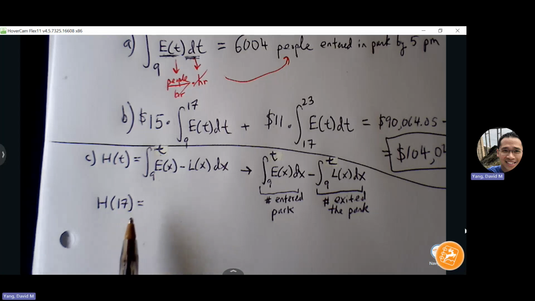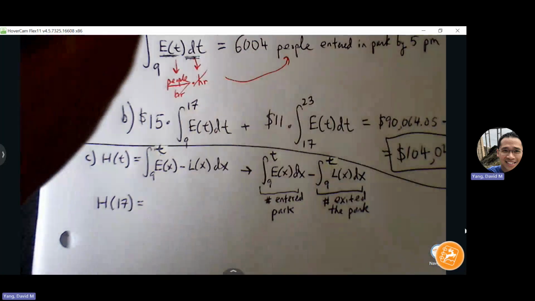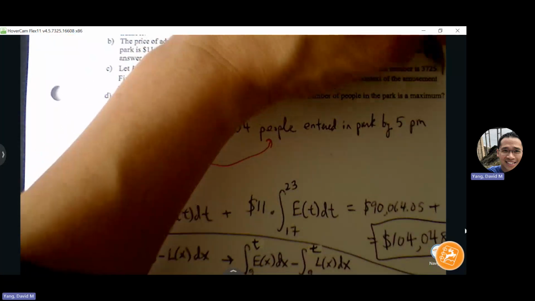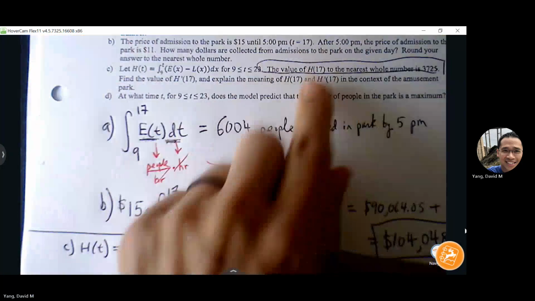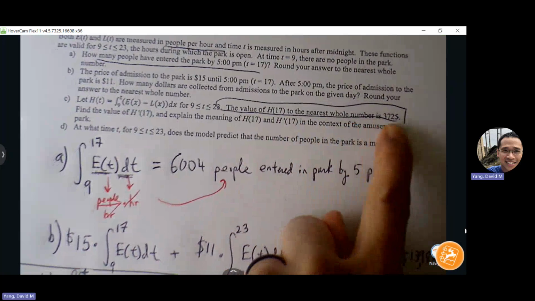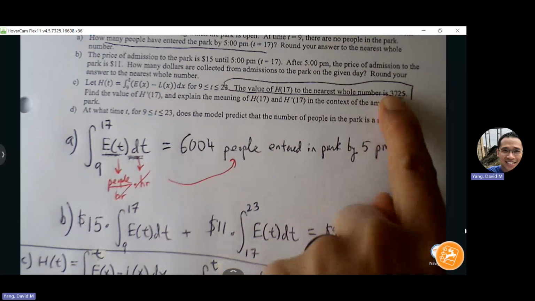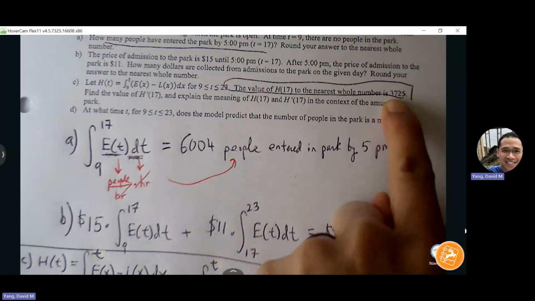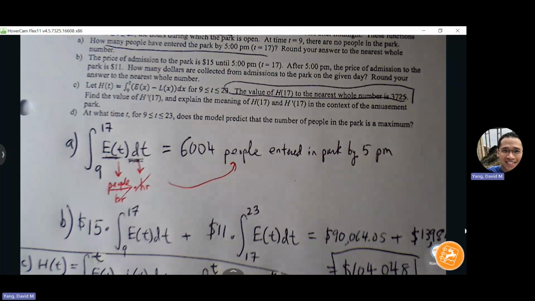So we're going to find that value. They did tell us what that number is. The value of h of 17, to the nearest whole number, is 37.25. So that 37.25 tells us the number of people left in the park at 5 p.m. Because we've found all the numbers who've entered, we've subtracted all those who've left. So what's left over are the people remaining in the park.